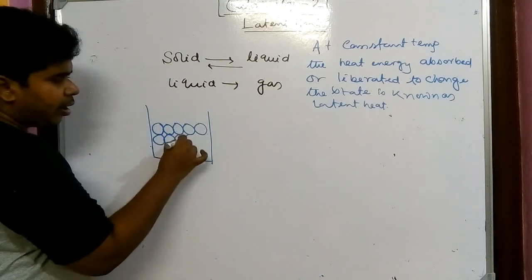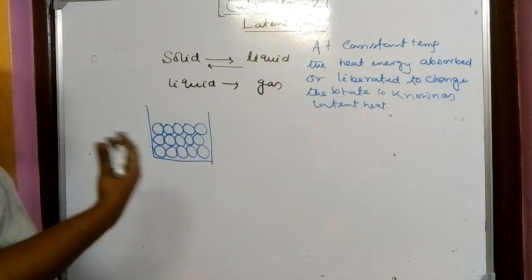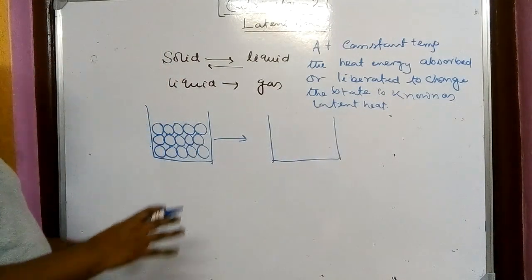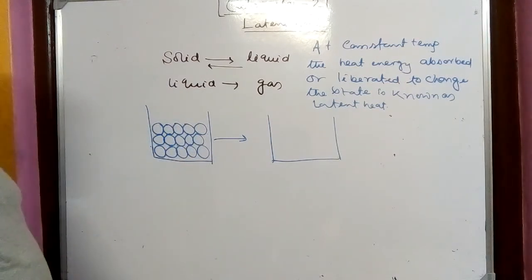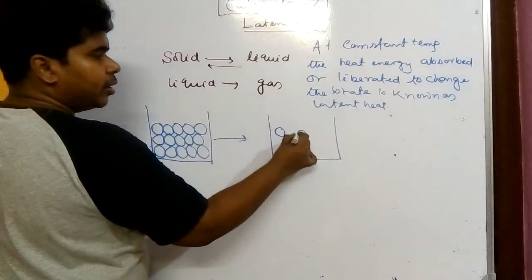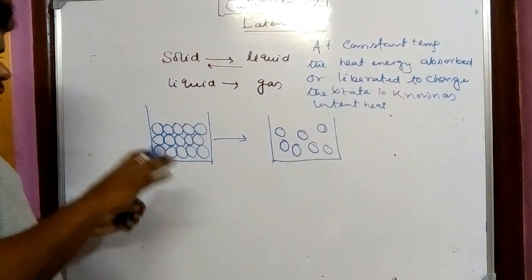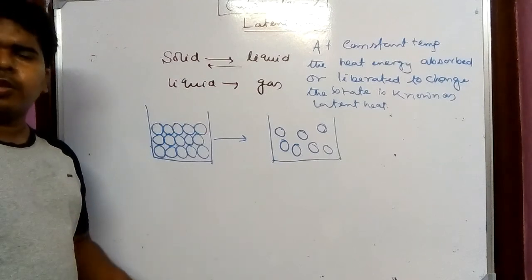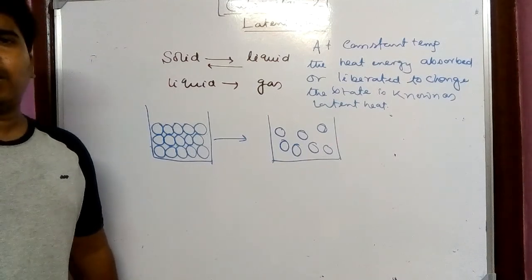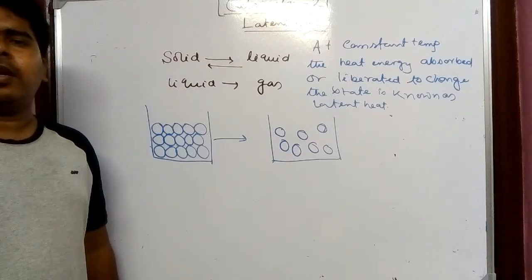When we give heat energy to a solid to convert it into liquid, the attraction force has to be reduced, because in a liquid the molecules are not closely packed. So to reduce this intermolecular force of attraction, I need to give some energy, and that energy is latent heat.